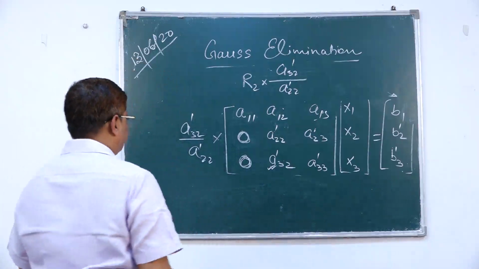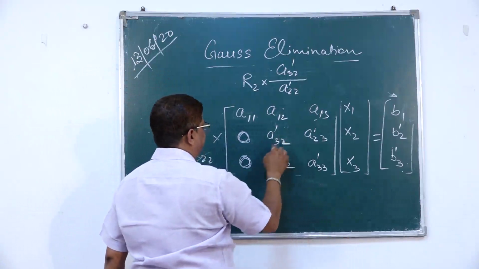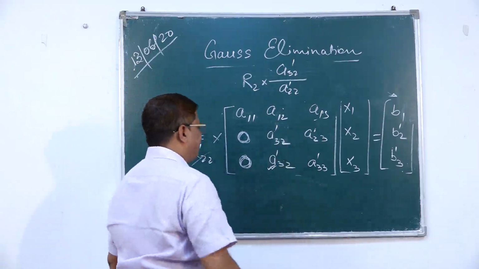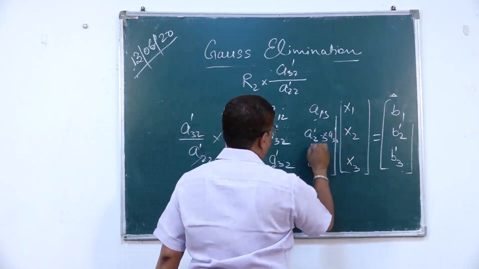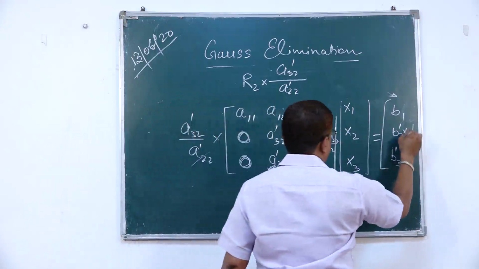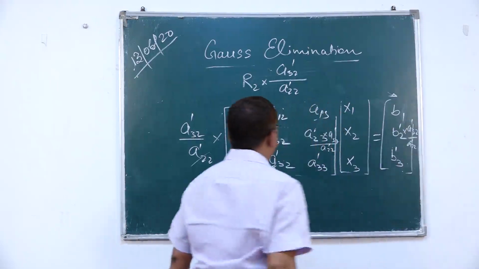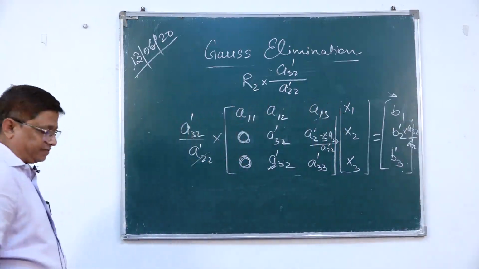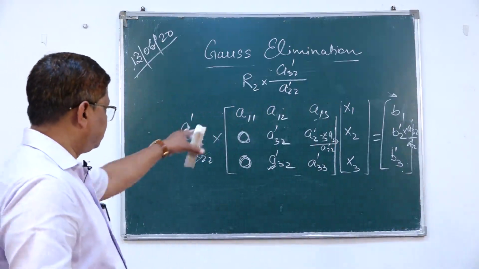After multiplying and dividing on R2, the values will be changed.